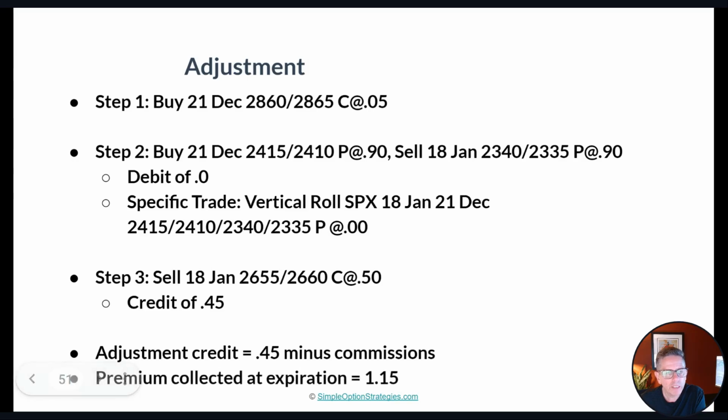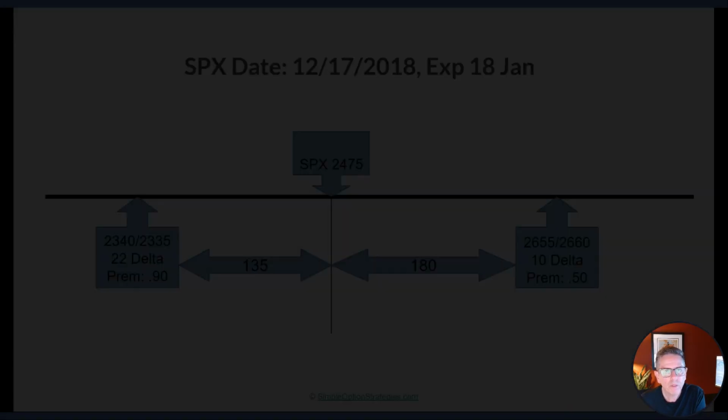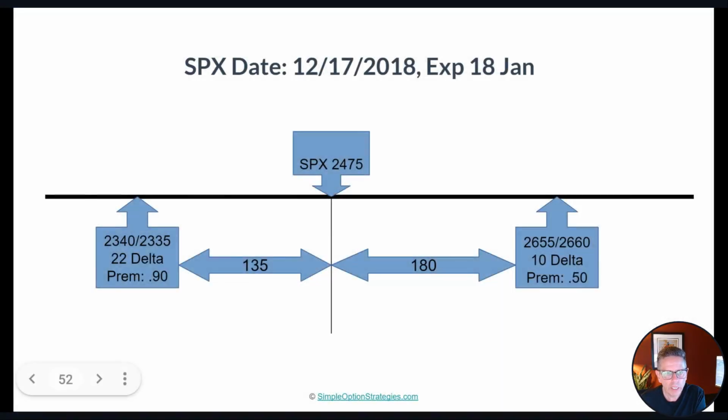So the premium collected overall on this trade was $1.15. By allowing yourself to roll that trade, it'll still be profitable over time. Okay, and so this is how it ended up in the end on this trade, and the market stopped going down, and we were able to close that trade.